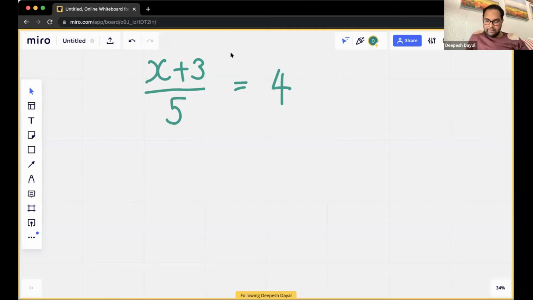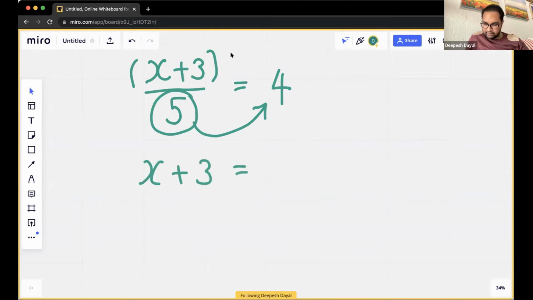So let's just leave the x plus 3 on the top, right? Can we take the 5 over? If we take the 5 over, what will it become? Will it be plus, minus, divide, or times? Multiply. Yes. So we'll have x plus 3 equals 4 times 5, right?